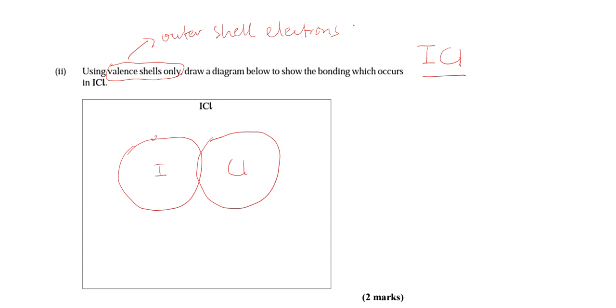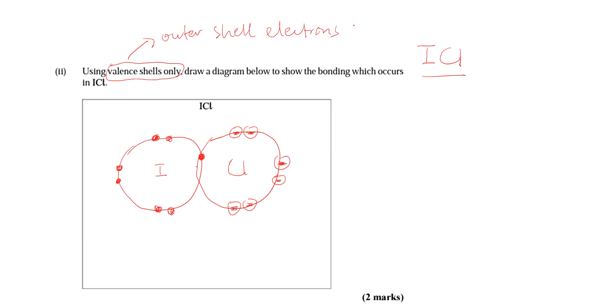So in the iodine we know that we're going to have 1, 2, 3, 4, 5, 6, 7 electrons. Now for the chlorine atom I'm going to draw the electrons slightly different so you can see the difference. 1, 2, 3, 4, 5, 6.